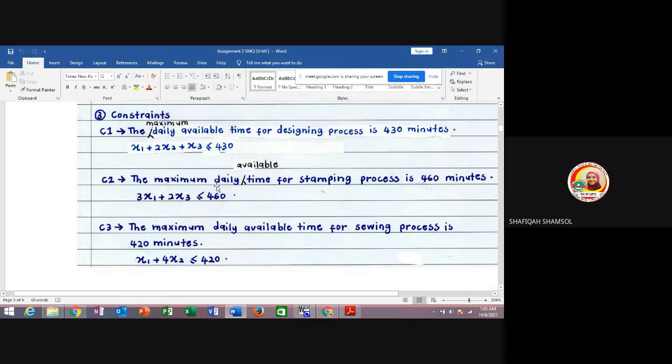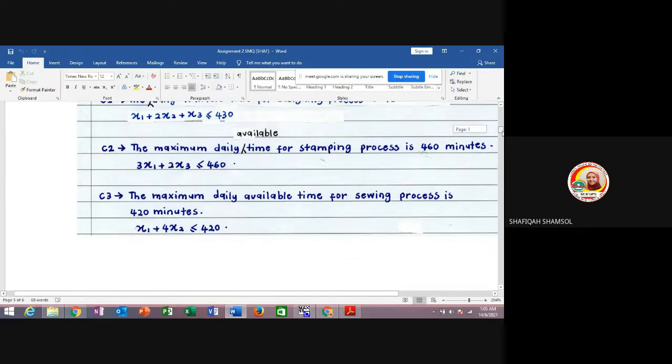The maximum daily available time for the stamping process is 460 minutes: 3x1 plus 2x3 less than or equal to 460. The third constraint, the maximum daily available time for the sewing process is 420 minutes: x1 plus 4x2 less than or equal to 420.